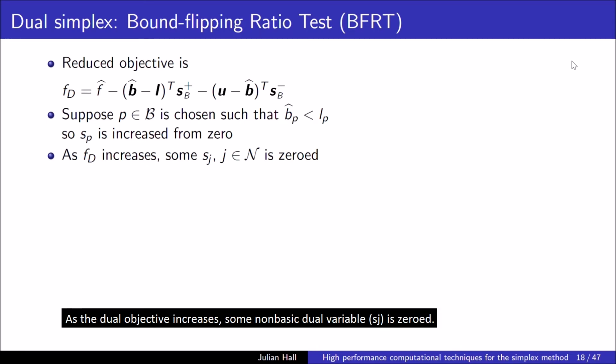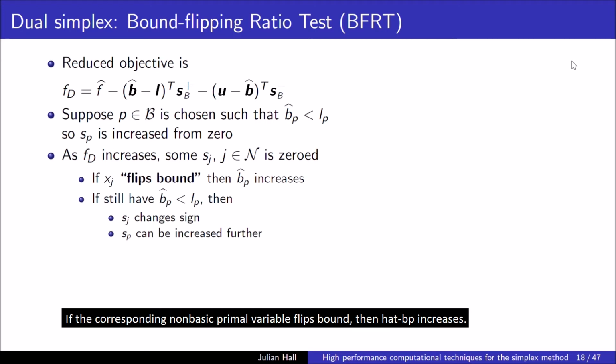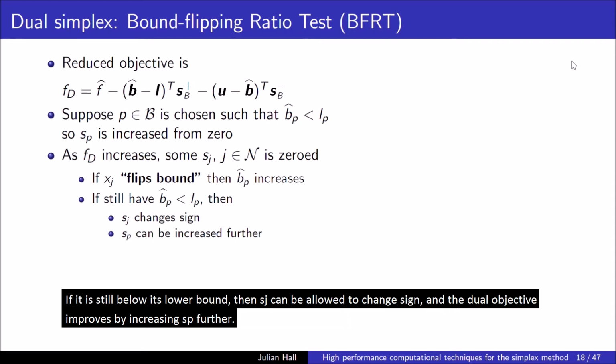As the dual objective increases, some non-basic dual variable, Sj, is zeroed. If the corresponding non-basic primal variable flips bound, then BP increases. If it is still below its lower bound, then Sj can be allowed to change sign and the dual objective improves by increasing Sp further.